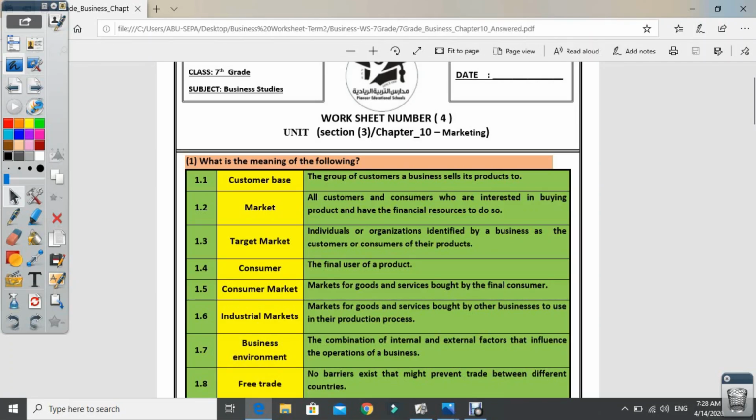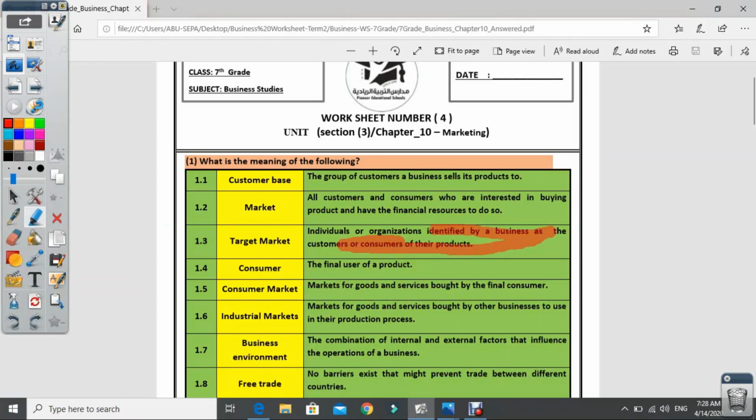Definition number 2, market. It's on page 141 in the green box. All customers and consumers who are interested in buying a product and have the financial resources to do so. Definition number 3, this one, let's highlight it, guys.